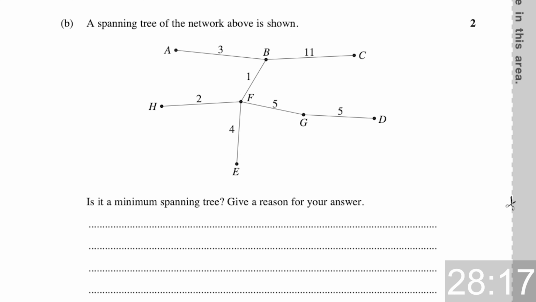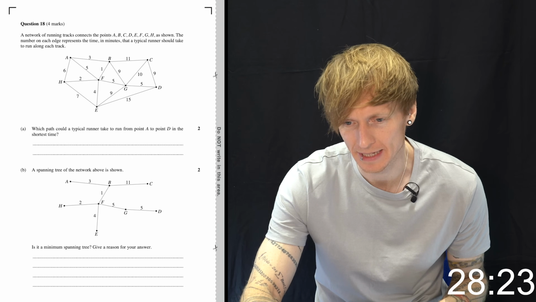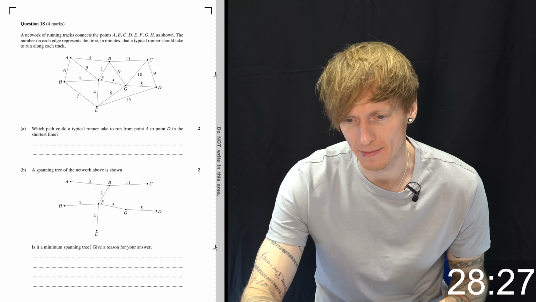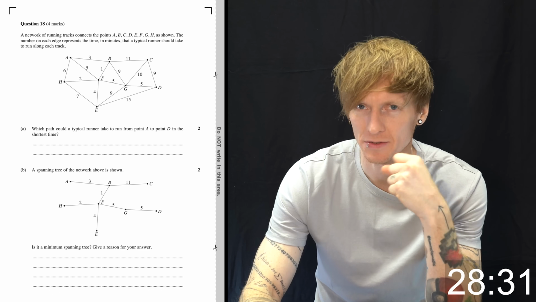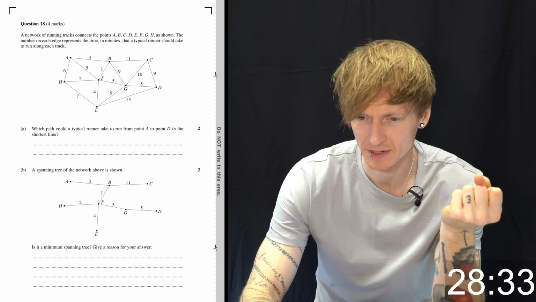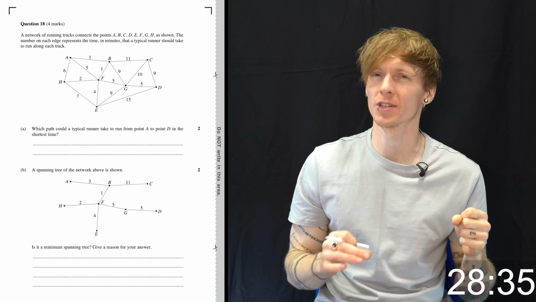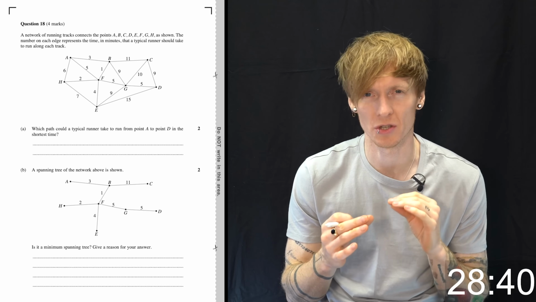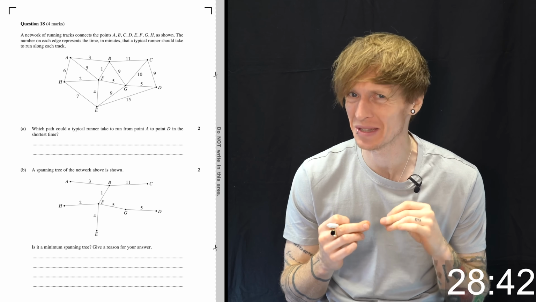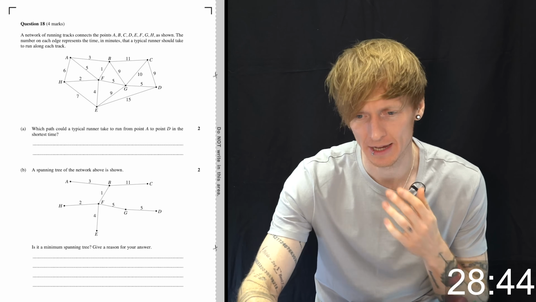Right. A spanning tree of the network above is shown. Excellent. Is it a minimum spanning tree? Now I have to think about this. So it's a spanning tree. Now, is it a minimum spanning tree? So that means, is there a shorter route between these points? I'm rusty on this, but I think a minimum spanning tree is showing the shortest distance between those points, I want to say.